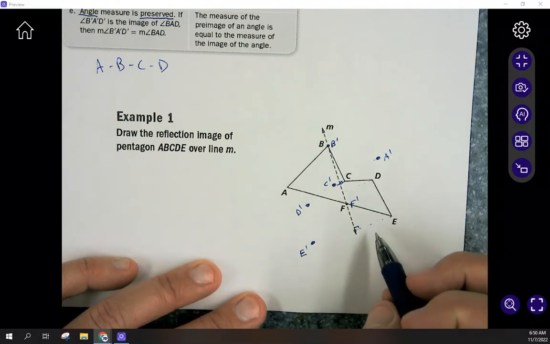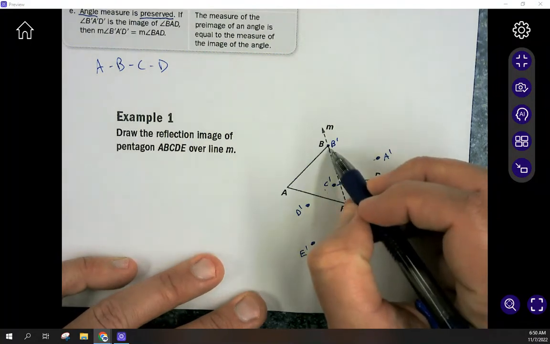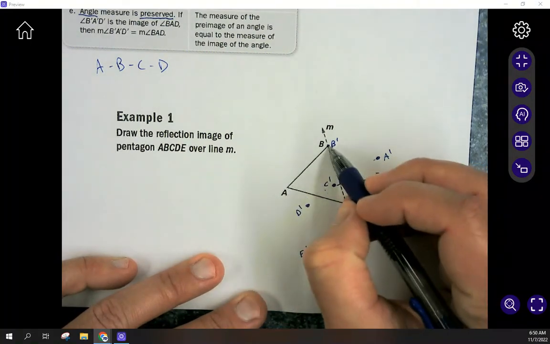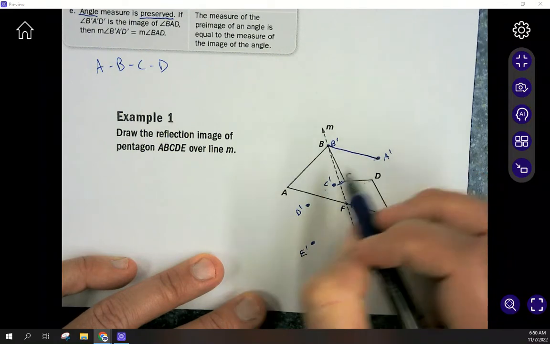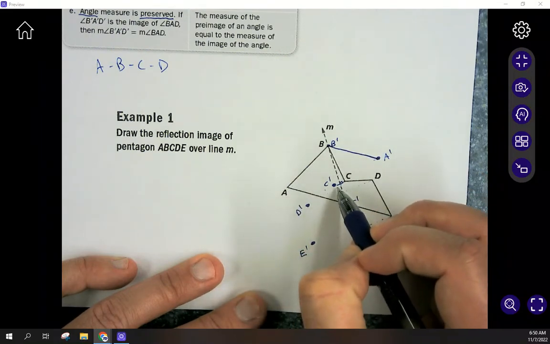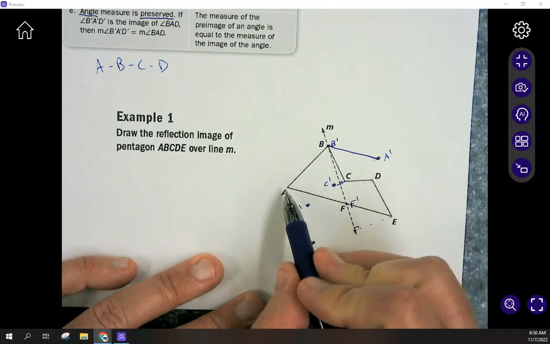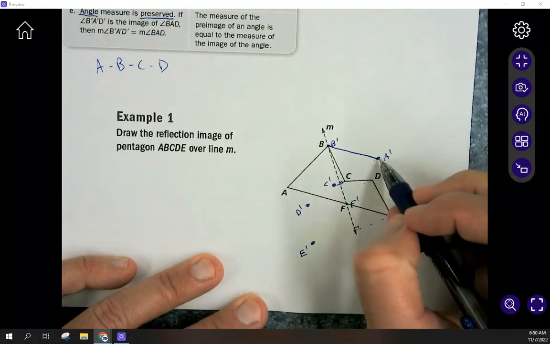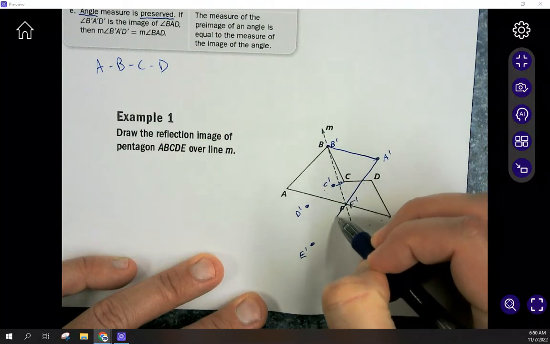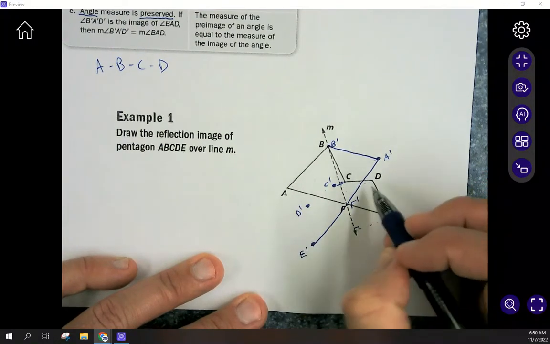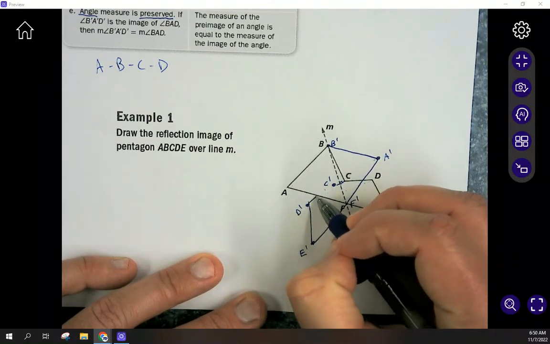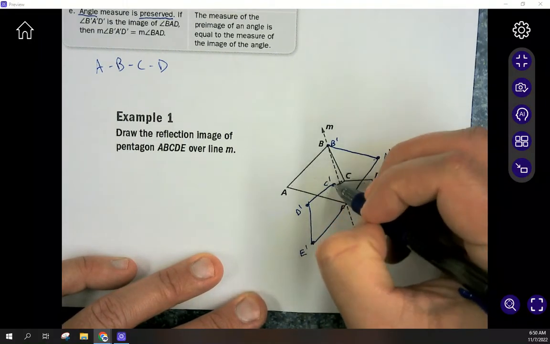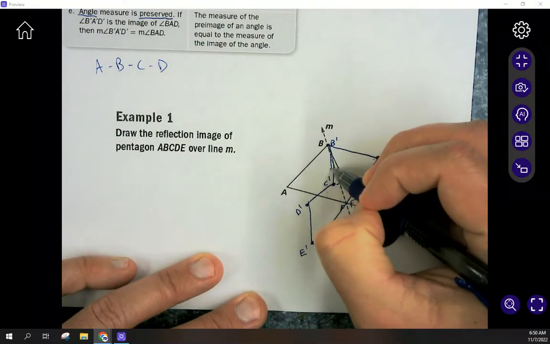All right, and now we're going to connect these. B connects to A, so the image of B connects to that. Notice A doesn't connect to C, so we want to make sure we don't connect those right there. A then goes through F all the way to E. From there, it goes up to D. D goes to C. C goes to B. Oops, and that line's not perfect.